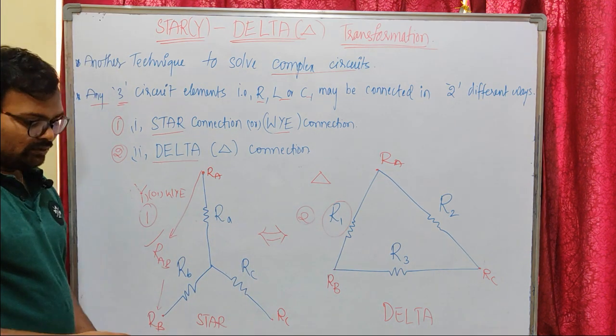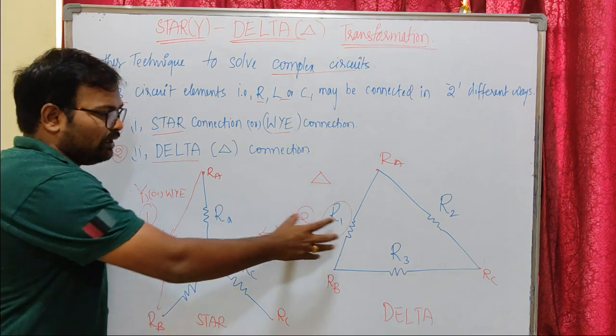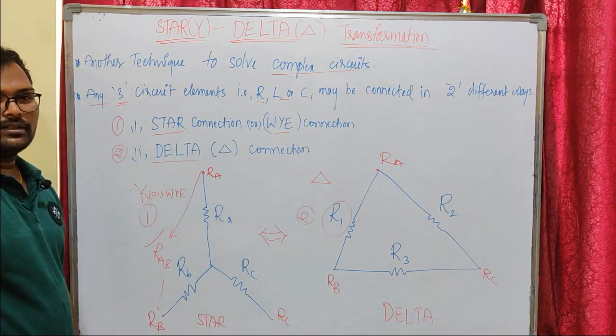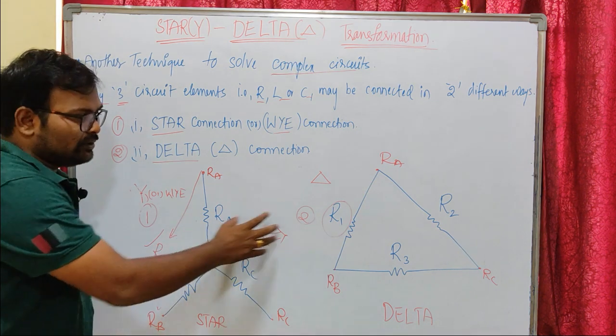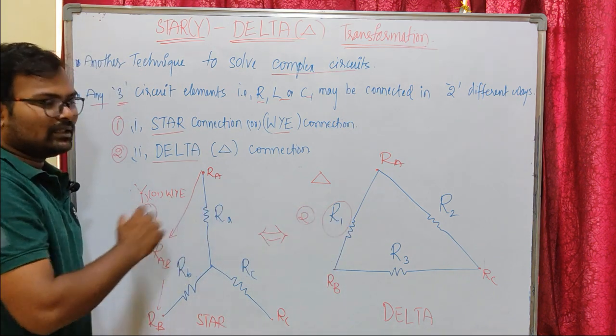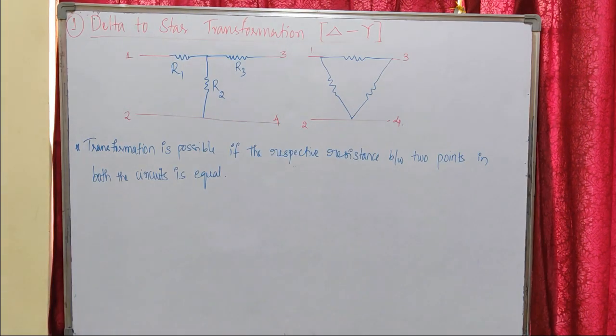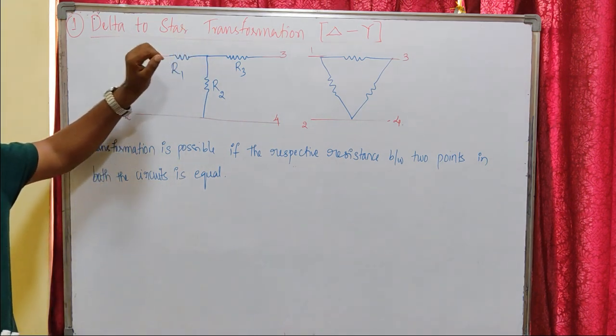We are going to transform one connection to another connection using our transformation. So we can change star connection into delta connection, or delta connection into star connection based on our requirement.